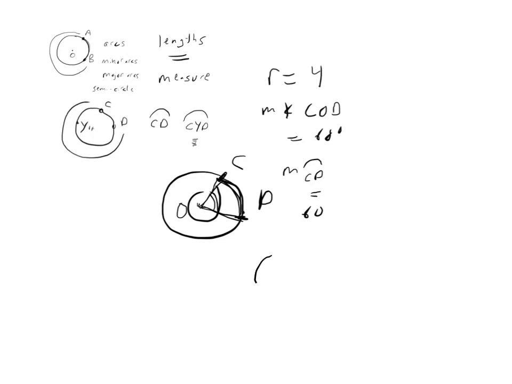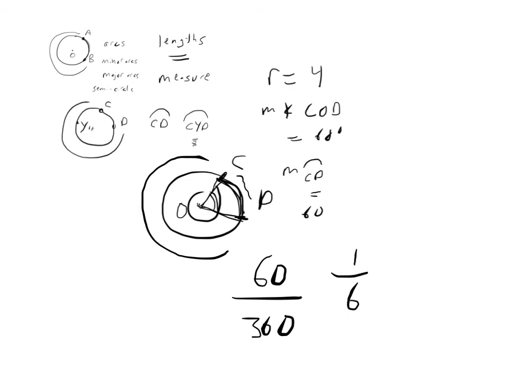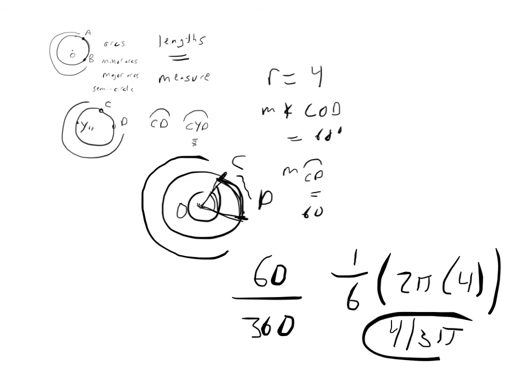Well, there are 60 degrees in that central angle, so it's 60/360ths of the entire circle. That's going to be 1/6 of the entire circumference, which is 2 pi times r, which is 4. So that means then I would have 4/3 pi would be the length of arc CD.